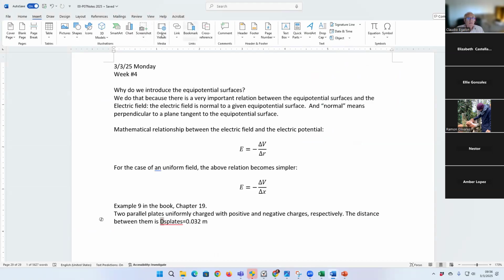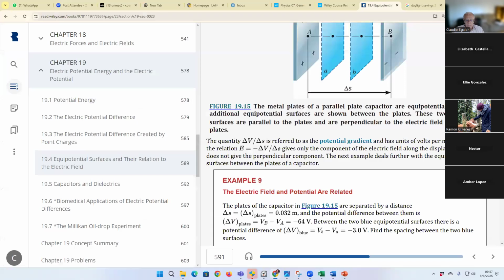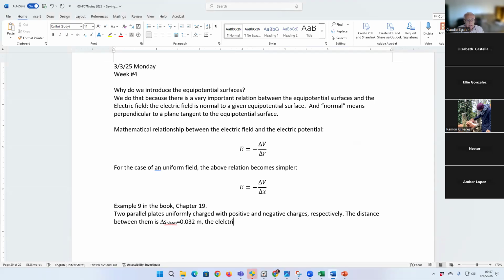Okay, what else do we need to know? The electric potential difference between them, between the negative plate B and the positive plate A. Let's write it down, electric potential difference.